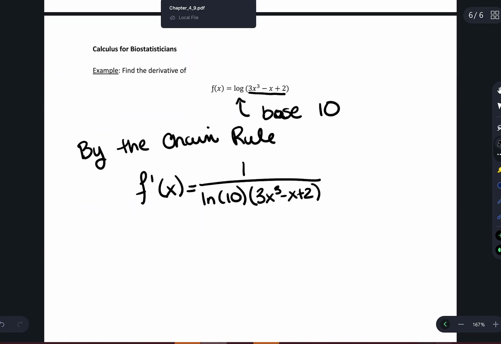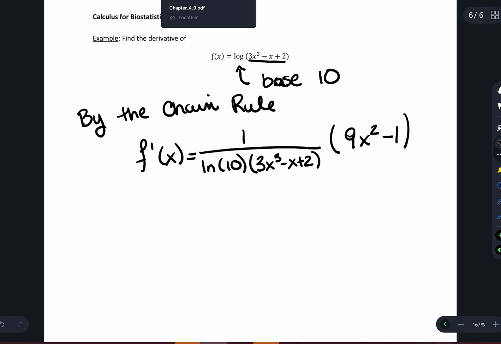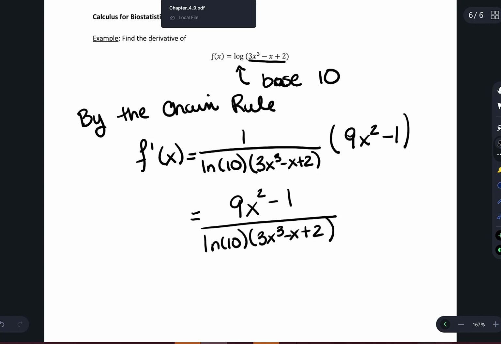But we also need to apply the chain rule because we have a function of x, so now we're going to multiply by the derivative of that function. And we have that the derivative is equal to 9x squared minus 1 divided by the log of 10 times 3x cubed minus x plus 2.